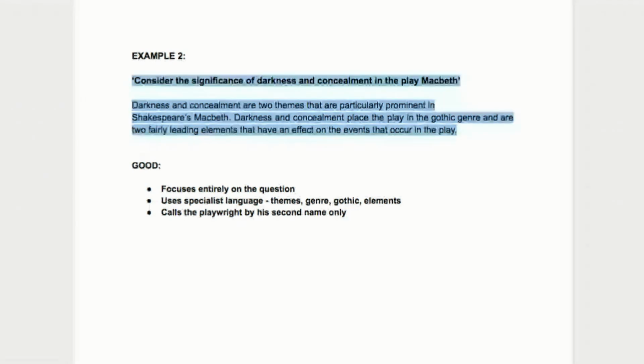It kind of suggests that you've been taught proper essay style, and people that write in this way, when it comes to the names of writers or the names of critics, they end up higher up in the essay grading. So if you'd said particularly prominent in William's Macbeth, it would have stuck out like a sore thumb.